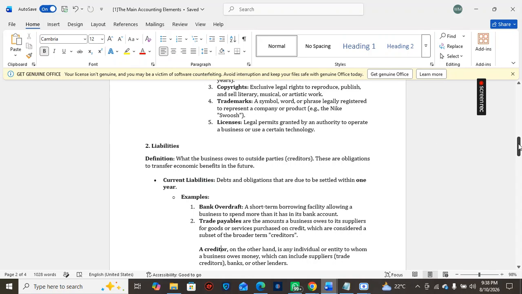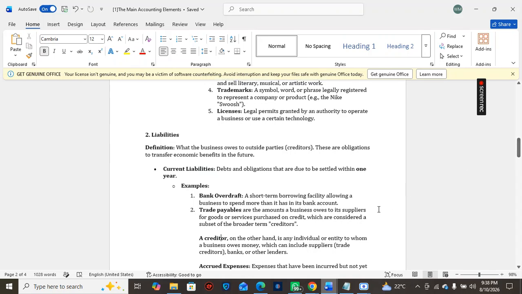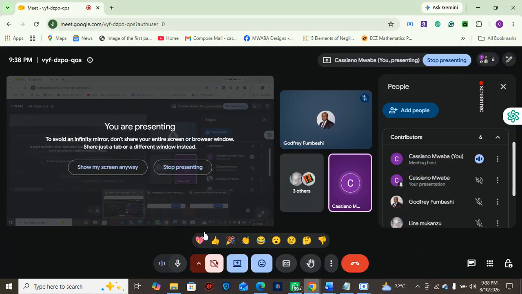Prepaid income. This is the one where someone pays you in advance. Let's say you are doing a 6 month service for somebody. You have agreed on an amount that needs to be charged per month.